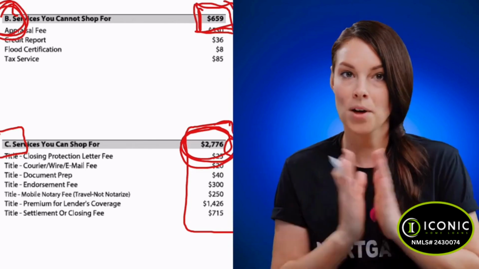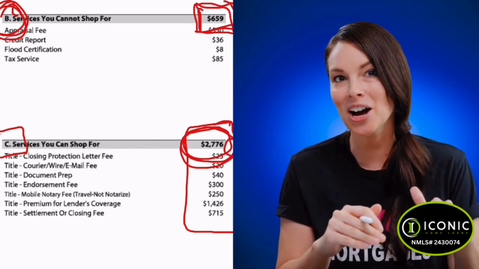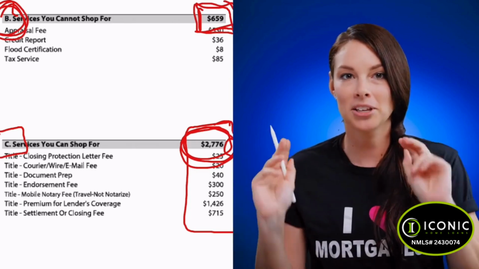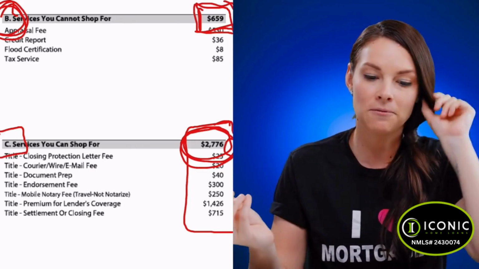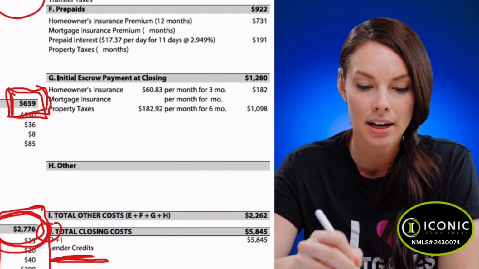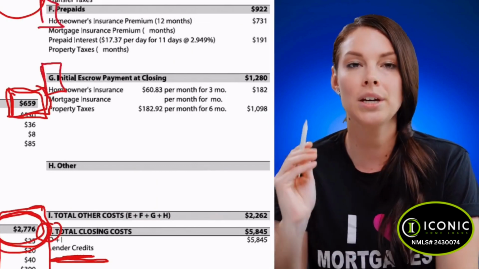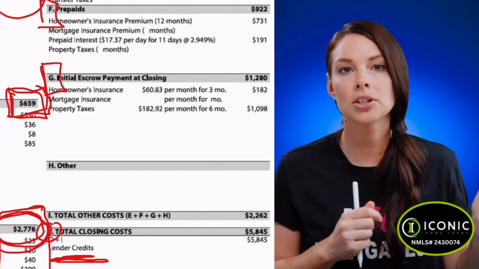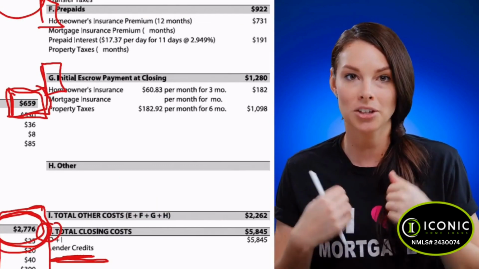And one thing to keep in mind, so I already told you that title costs, if you're a purchase, it's going to be the same across all lenders. Now this is where things get tricky, is if you look at Section F and Section G, we hear all the time people coming, especially for refinances, saying, well, this lender's numbers are so much less than yours.